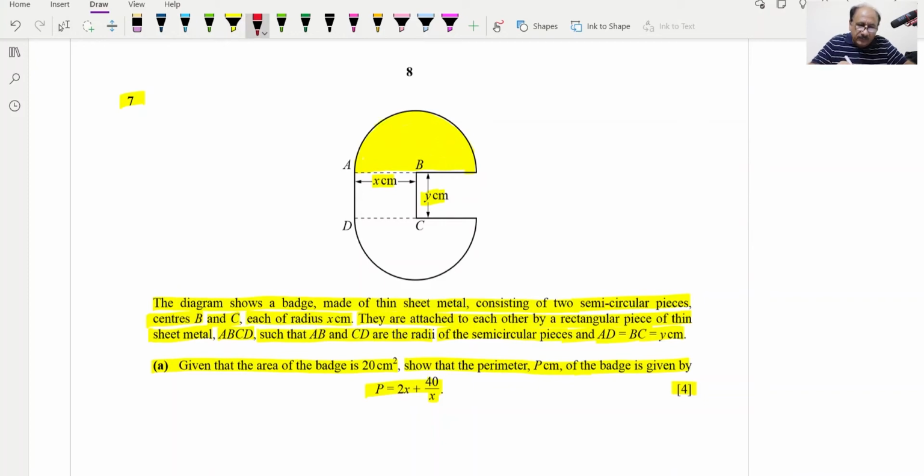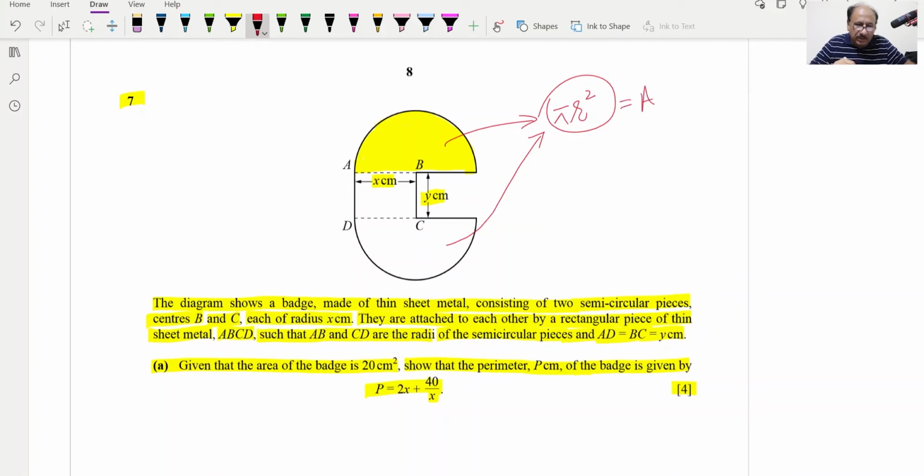So the area of this semicircle will be what? Pi r squared, and this one and this one combined, the area of these two will be pi r squared. If we join these two parts, it will be a complete circle, and the area of a circle is pi r squared.